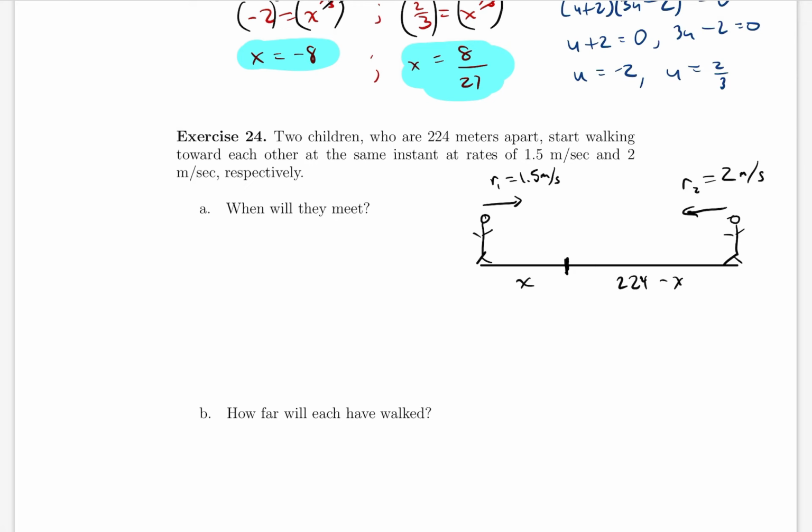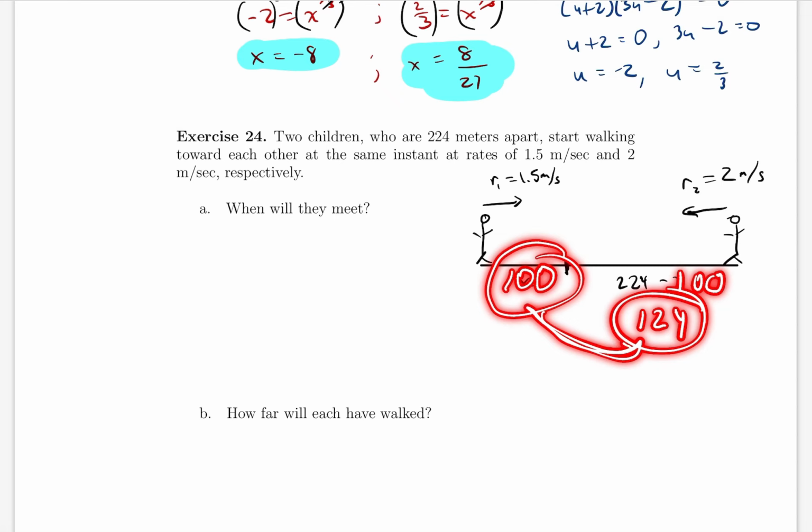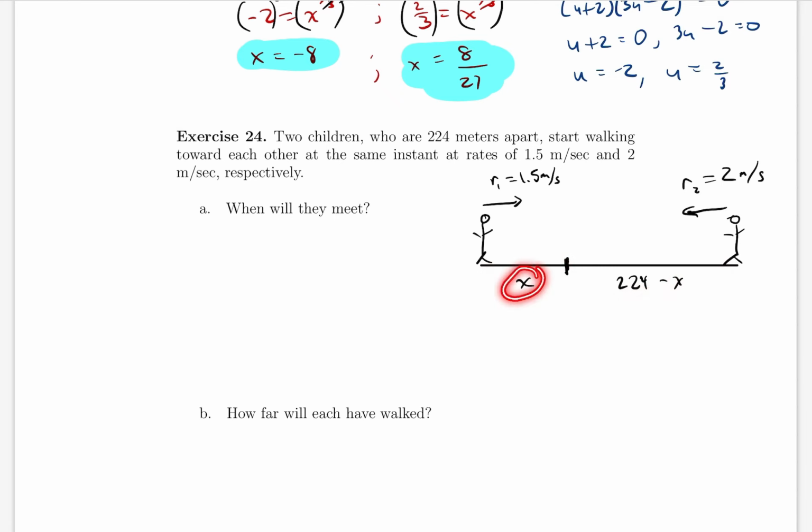Which should make sense, because let's put a hypothetical number in for x. Let's say this was 100 meters. Then this would have to be 224 minus 100, which is 124. And if you add these two up, that's 224. You can do that for any number for x. So this is just an abstract way to represent the distances that each child is traveling respectively.